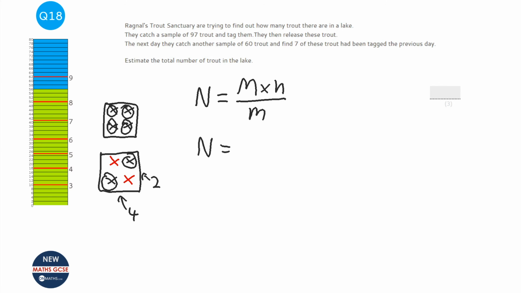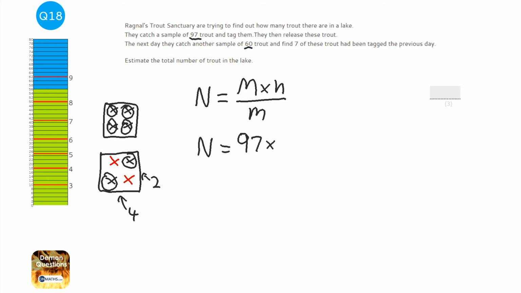Let's try and work out what M is. M is the amount of trout that we marked. So we marked 97, so that's going to be 97. n is going to be the size of the sample that we took again, so 60.